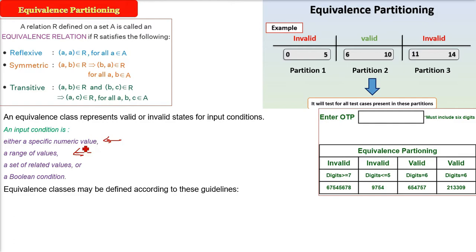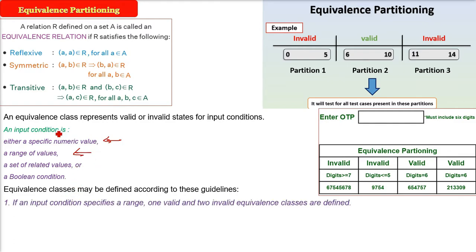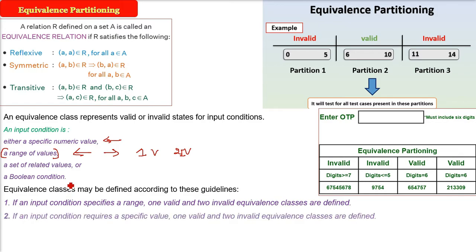So how do we make equivalence classes? For each of them, the first rule is: if the input condition is a range, then one valid and two invalid equivalence classes need to be defined. If the input condition requires a specific numeric value, one valid and two invalid equivalence classes are defined.